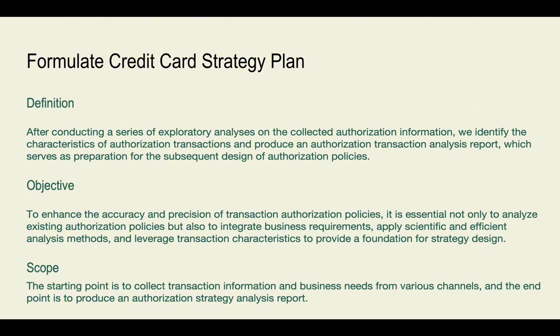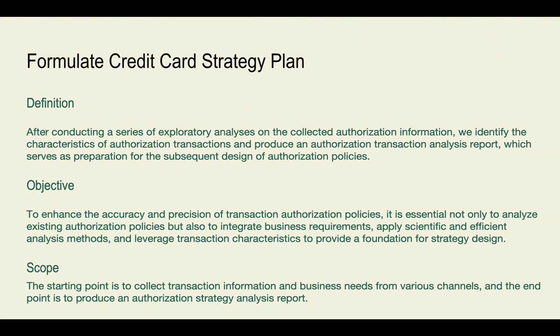We need to review the existing authorization strategies, but it's not enough to just rely on past experience. We also have to combine actual business needs and use scientific and efficient methods like data mining and trend analysis to fully understand the characteristics of authorized transactions.